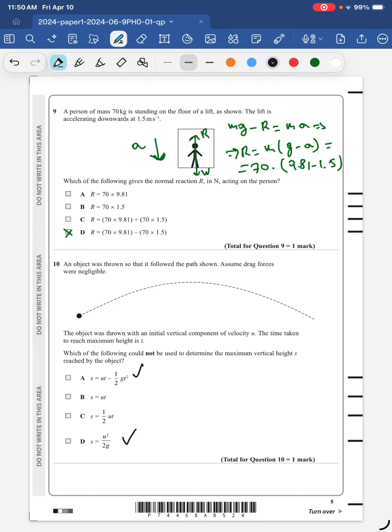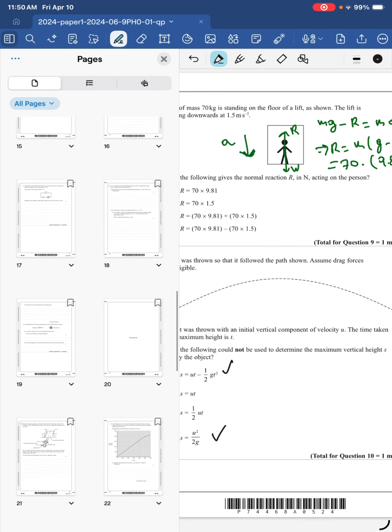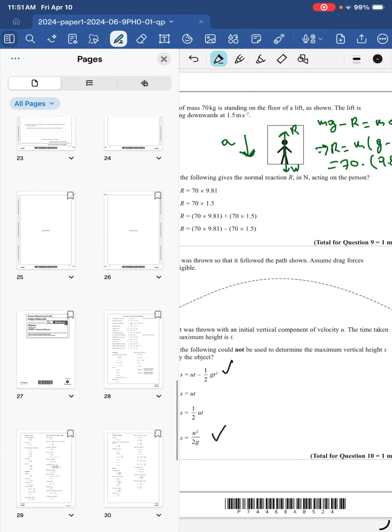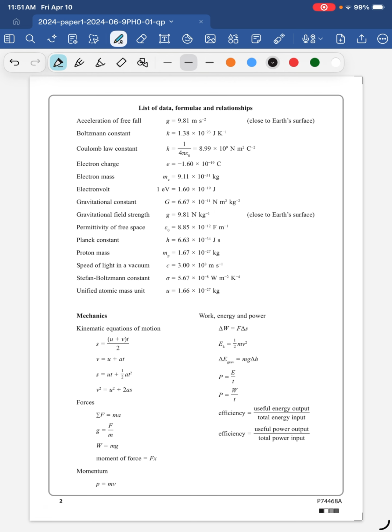But notice that for C, let me go to the back of the paper because I'm pretty sure there is another Suvat equation we can use. So let me check this one. Okay, so that's one of the Suvat equations actually.